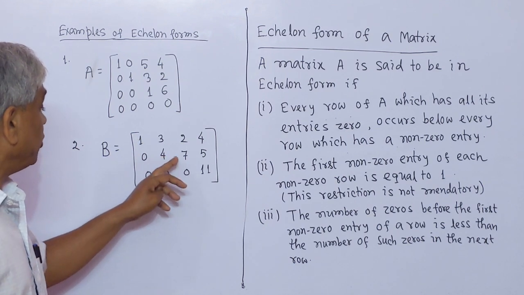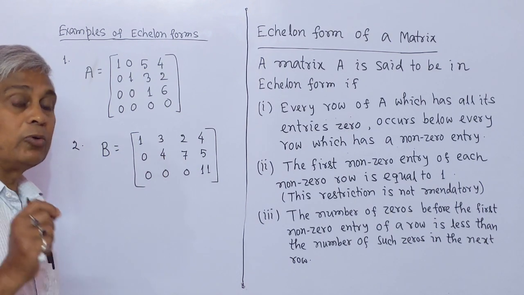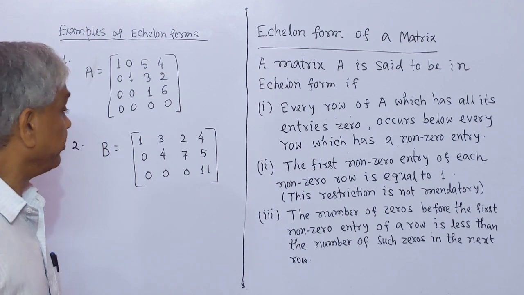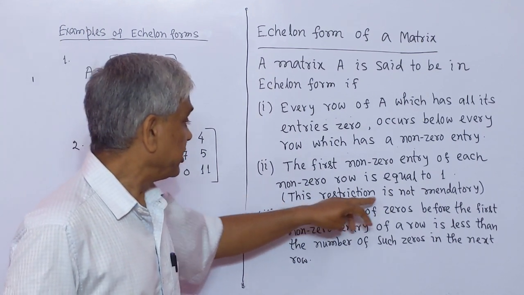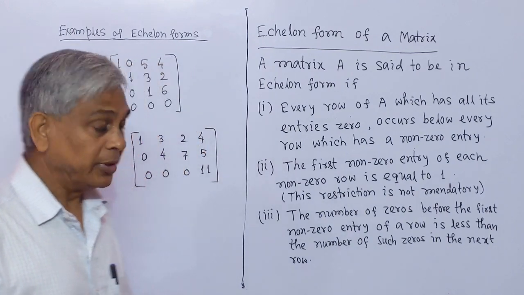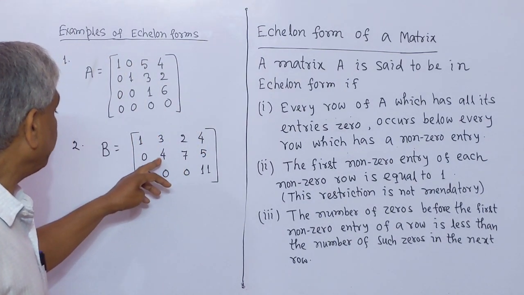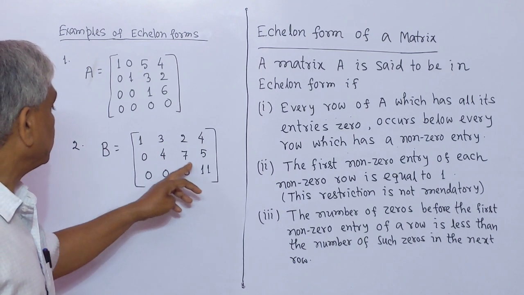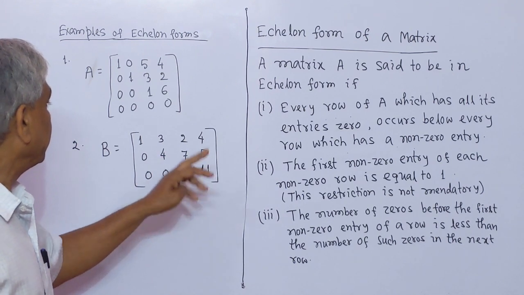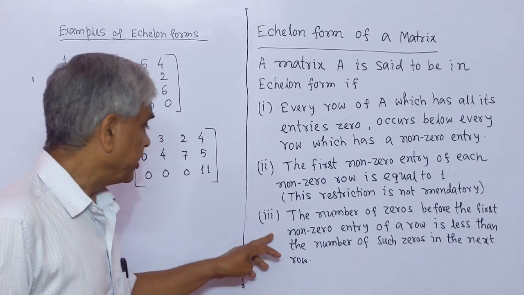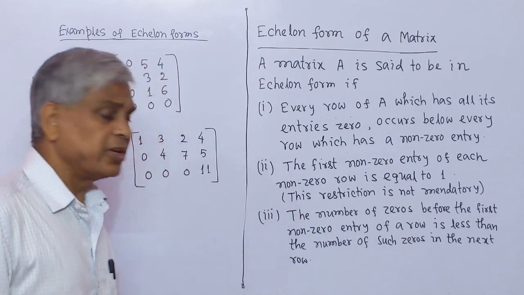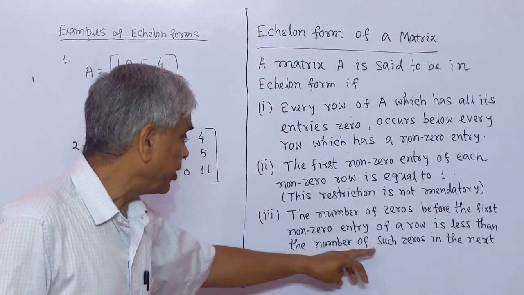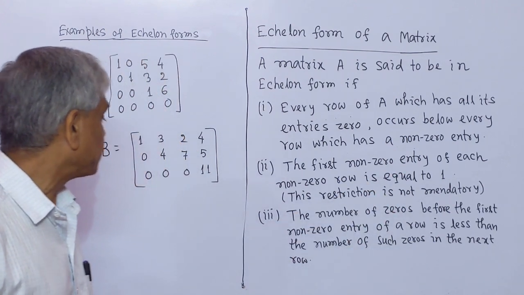Here 4 is not equal to 1, 11 is not equal to 1, although this matrix is said to be in echelon form. So this restriction is not mandatory. It means the first non-zero entry need not be 1. Here 4, here 11. Number 3, the number of zeros before the non-zero entry of a row is less than the number of such zeros in the next row.